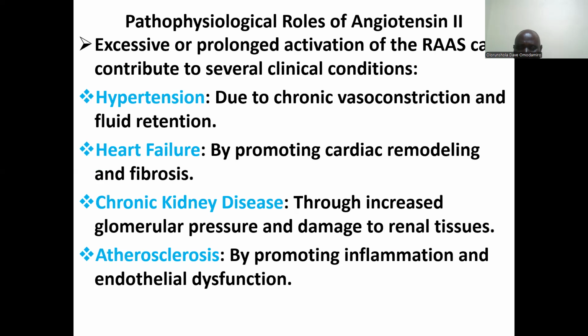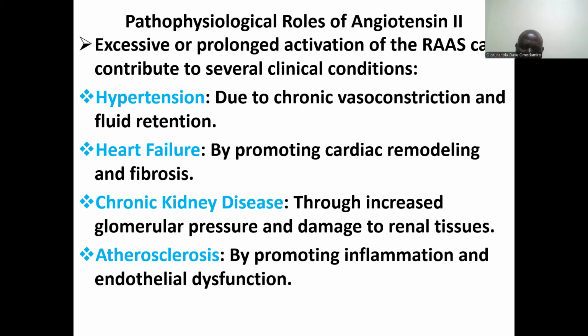Conditions like hypertension, due to chronic vasoconstriction and fluid retention as a result of angiotensin 2. It also contributes to heart failure by promoting cardiac remodeling and fibrosis. Also, chronic kidney disease, through the increase in glomerular pressure, which leads to damage to the renal tissue.